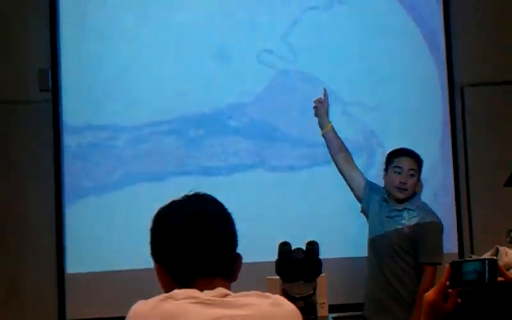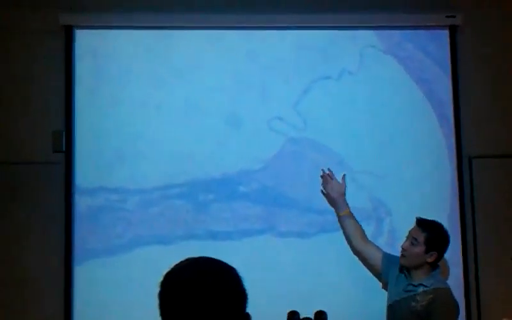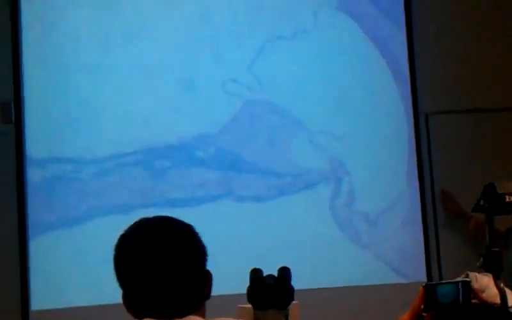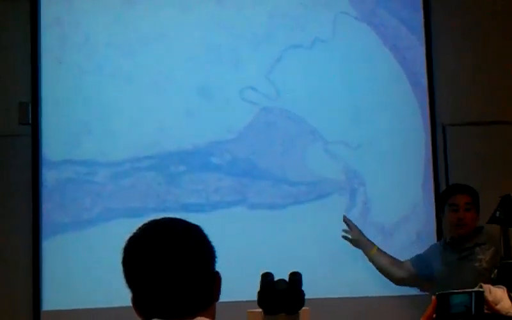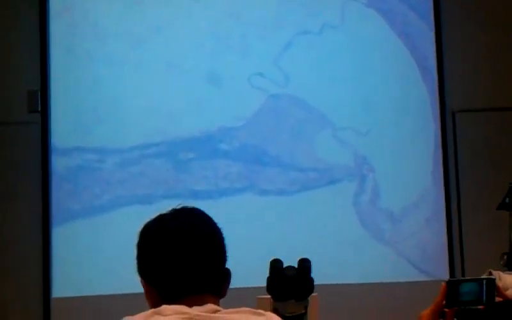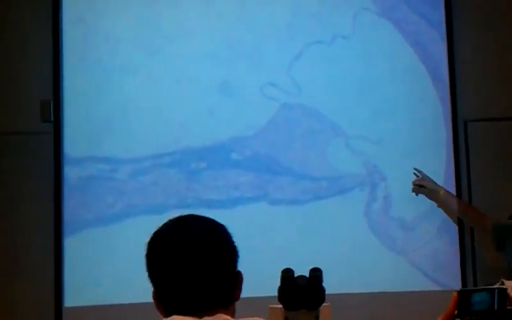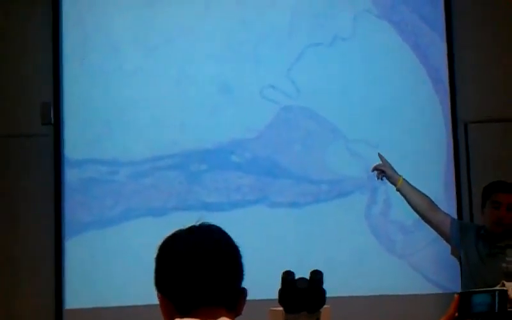The vestibular membrane borders the scala vestibuli. The one at the bottom, or the base, is the basilar membrane. And the one here in the middle, the short one, is the tectorial membrane.